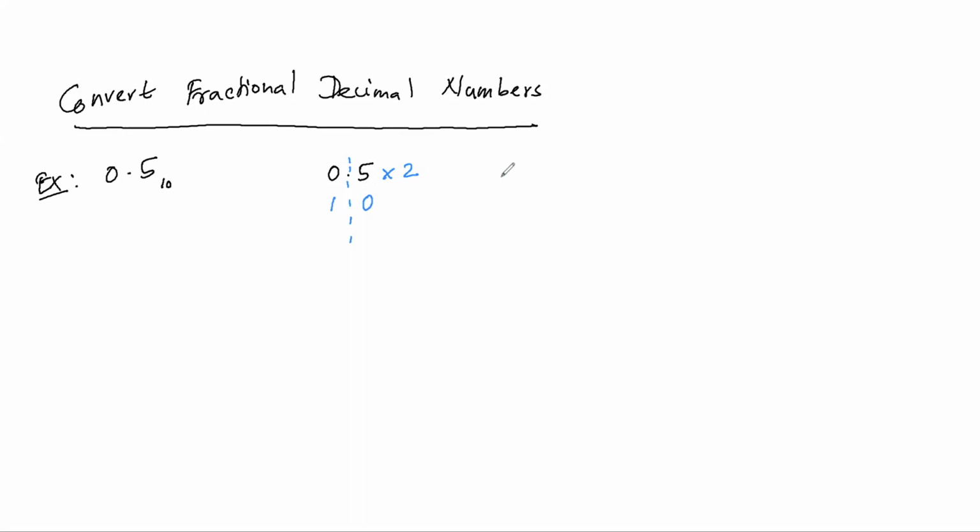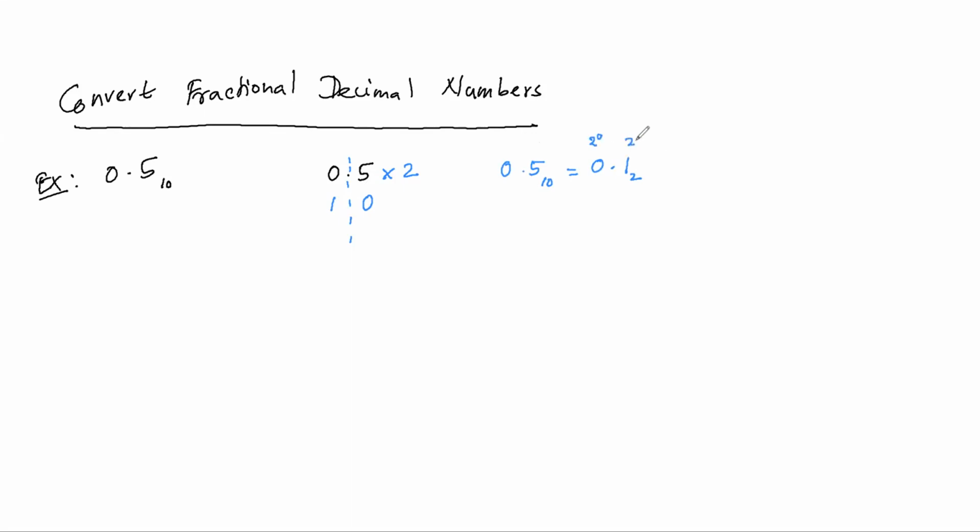So we can write 0.5 in base 10 equals 0.1 in base 2, right? If you want to check this, we know that this is 2 to the power 0.